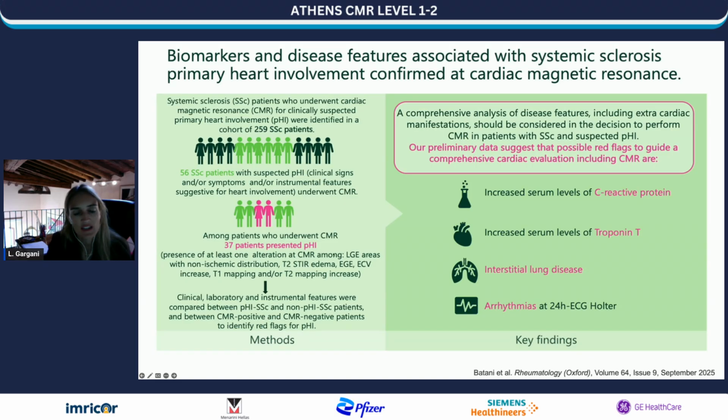And you can see in this study that if you have increased levels of C-reactive protein, which is another fantastic biomarker, not specific of the heart, but very useful in these patients, if you have increased levels of troponin T, and in conjunction with the presence of interstitial lung disease, which identifies, of course, patients with more advanced disease, and if you have arrhythmias on your 24-hour EKG Holter, these are red flags to find some kind of cardiac involvement at CMR.